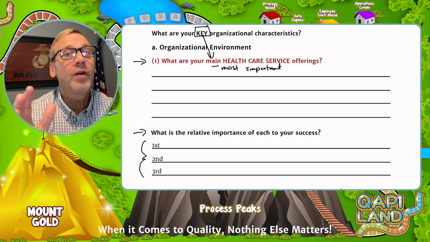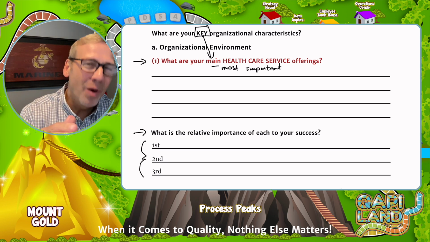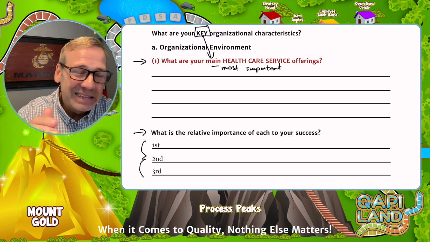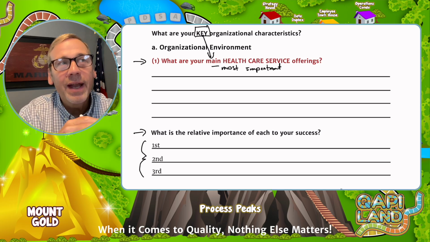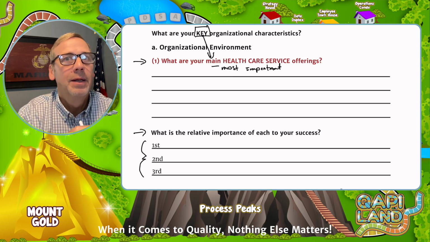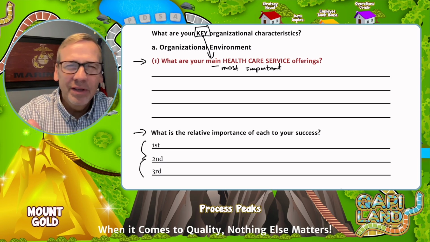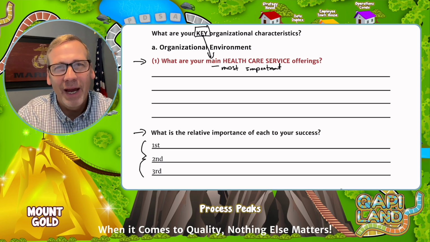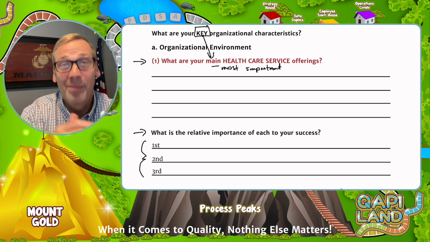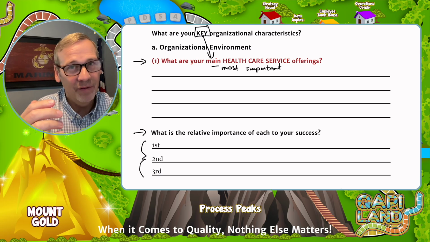You can offer more than 3 service offerings, but most important to your organization, it's hard to have 4, 5, 6 main service offerings. Generally speaking, the bulk of our care, bulk of our services can be probably categorized in 1, 2, up to maybe 3 different categories.